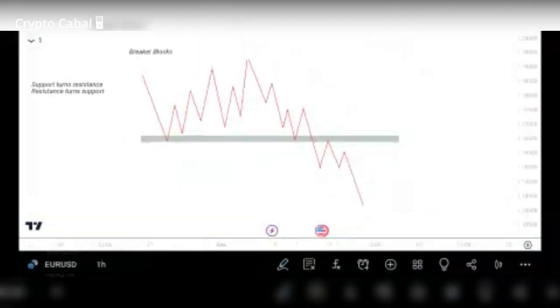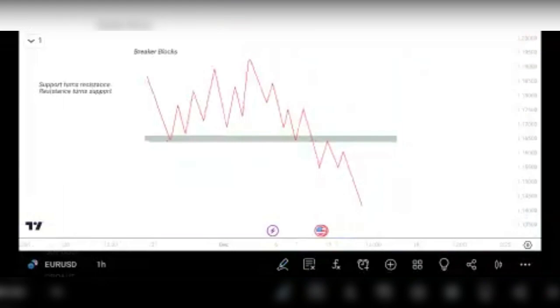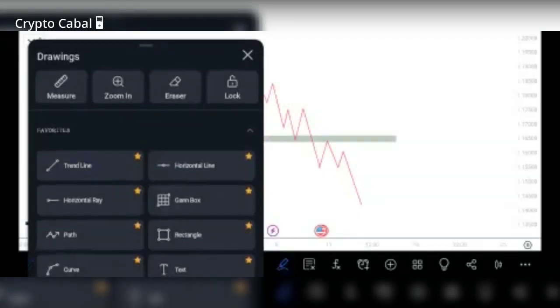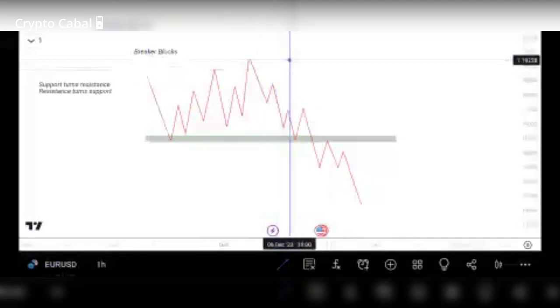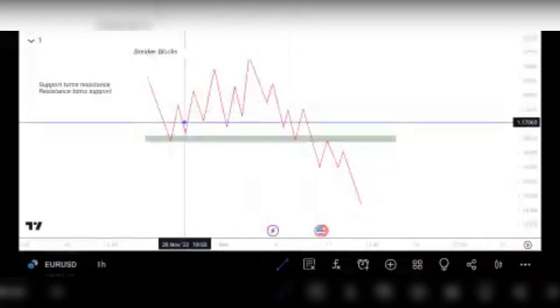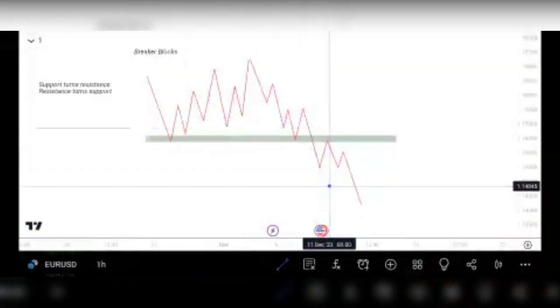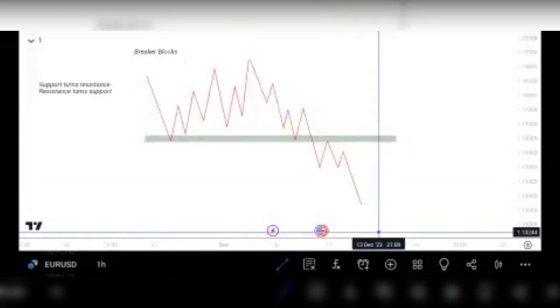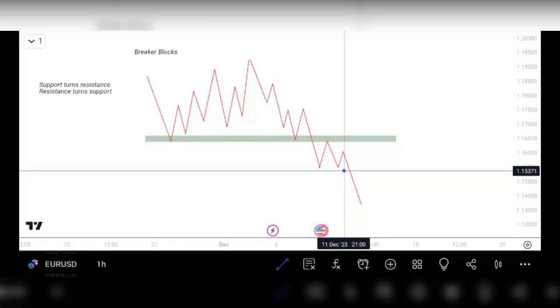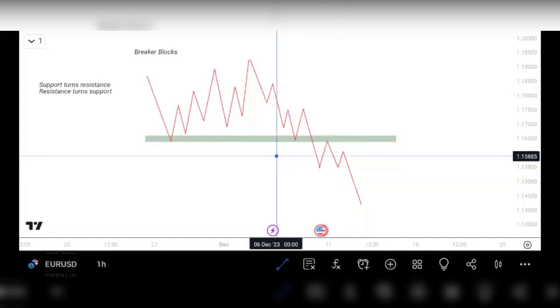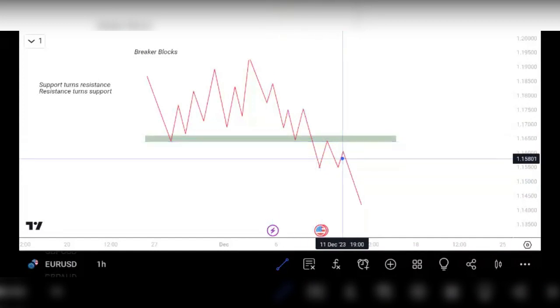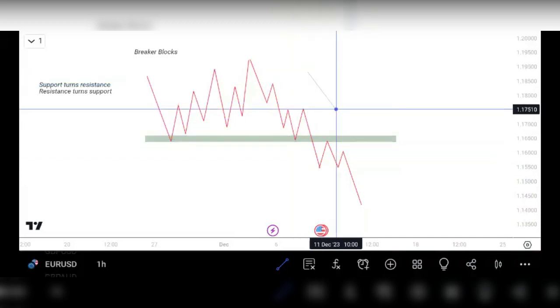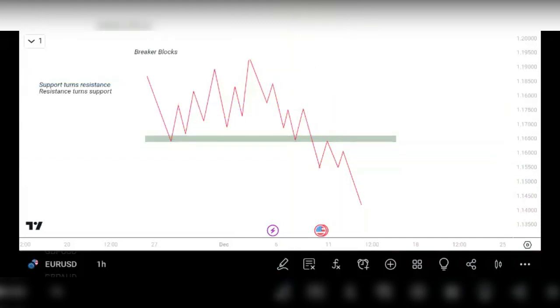This is what we call support turns resistance, because after price bounced on it, it was a support. But now price breaks through it, taps on it, comes back, and uses it to continue selling down. That is support turned resistance, and we can refer to it as a flip zone.